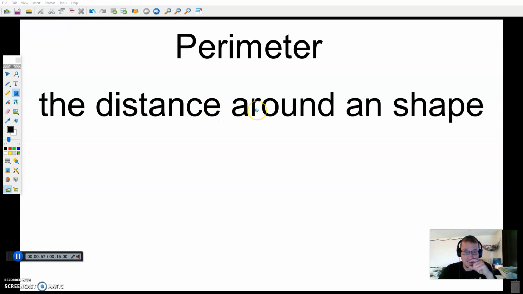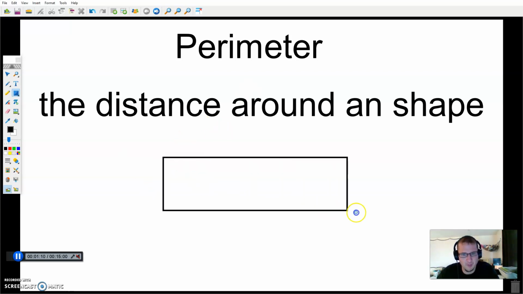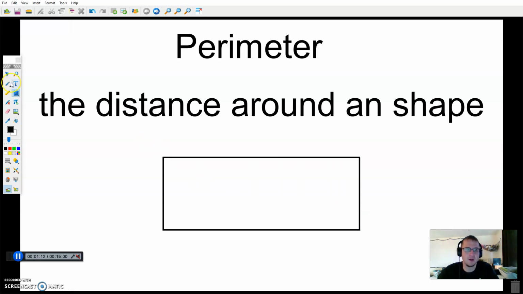Okay, so this is establishing a perimeter as far as the military is concerned, or putting men all the way around a building. So if I were to draw a shape here, let's just say a rectangle.